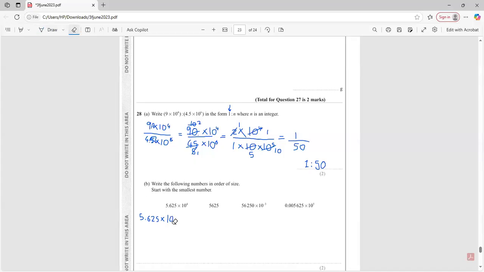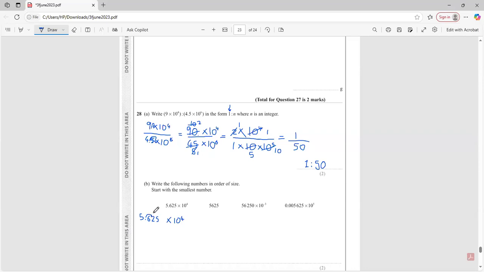So let me erase that. I needed to give some space to do what I want to do. Times 10 raised to power 4. So let's implement it. Now, times 10 raised to power 4 means what? The decimal point is going to move 4 places. Please take note, anytime the power on 10 is positive, we will move in the right hand side direction.